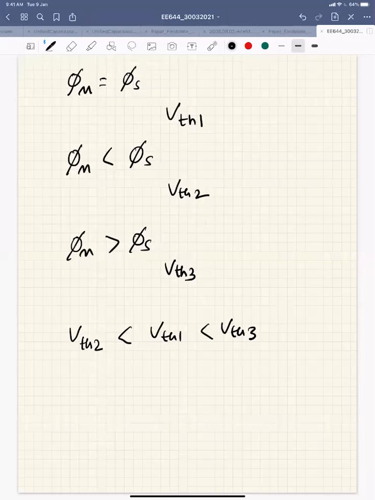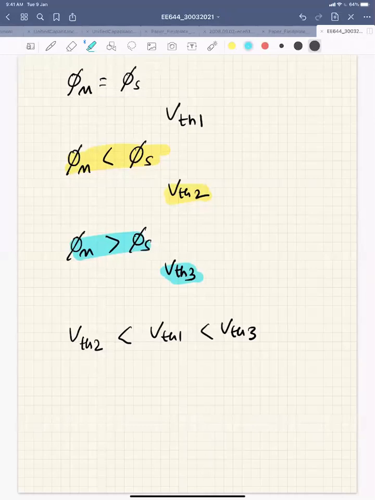Right? So I hope you understand, because in this case there is already an electric field from gate to the substrate, even if I have not applied any voltage, right? But in the other case, when phi m is greater than phi s, I have an electric field from substrate to the gate, right?